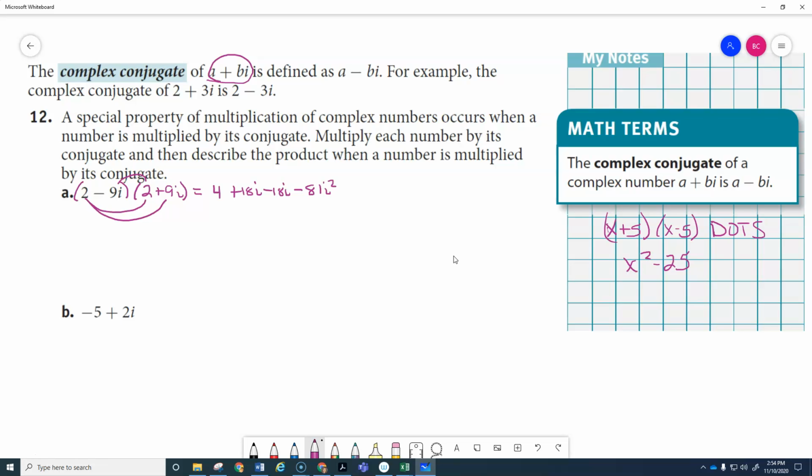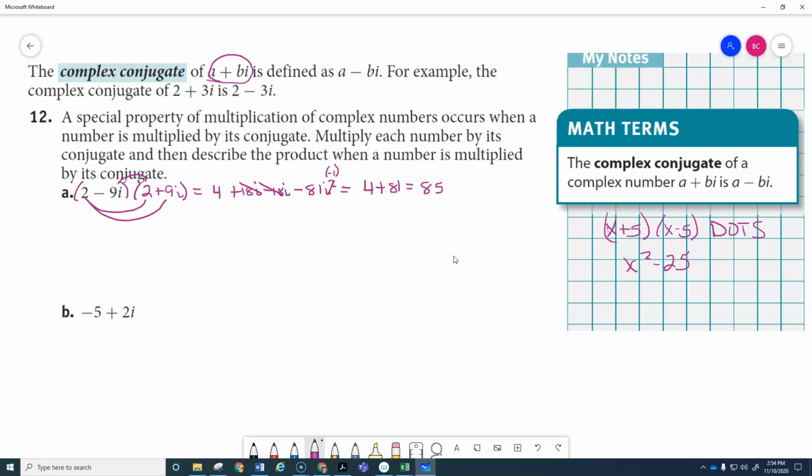Now when this simplifies, these add to 0 because they're additive inverses of each other. i squared becomes negative 1. Negative 1 times negative 4 becomes positive 4. And then those two numbers are just numbers you can add together, so that ends up equaling 85. So what just happened?